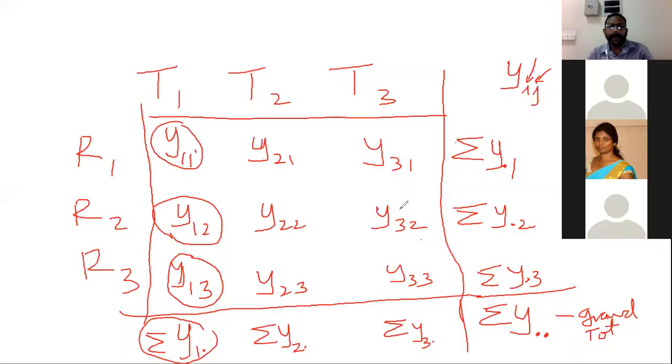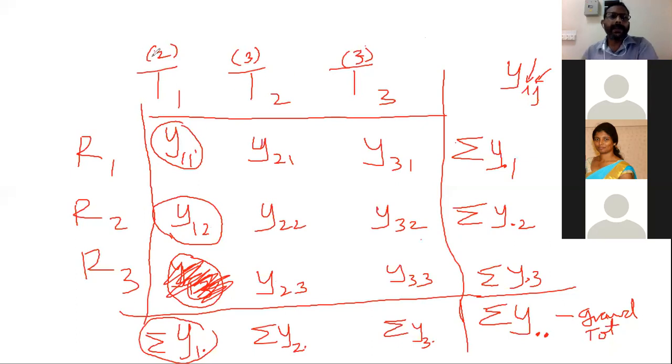For example, I don't have this one, I'm just erasing. So what about T1? How many replicates are there for T1? 2 replicates are there. For T2, 3 replicates are there. For T3, 3 replicates are there.